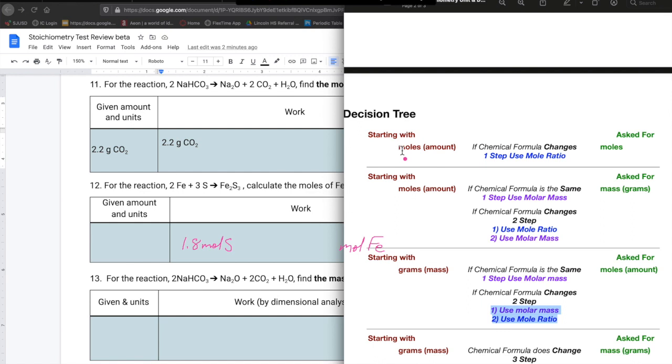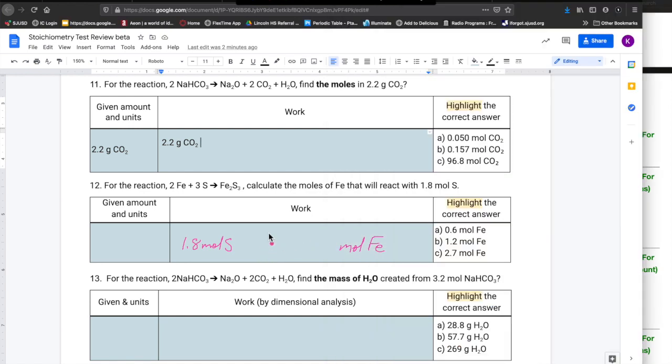If you do moles to moles and you're changing the chemical formula, it's one step using the mole ratio, and the mole ratio comes from here.